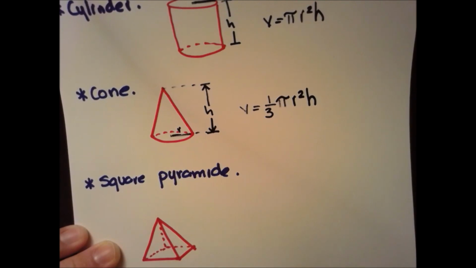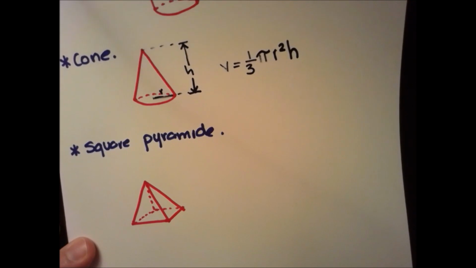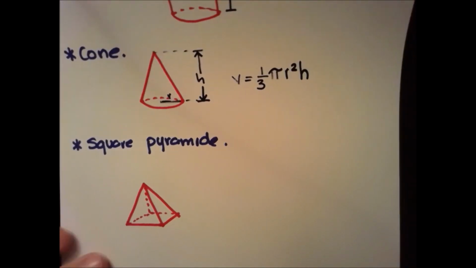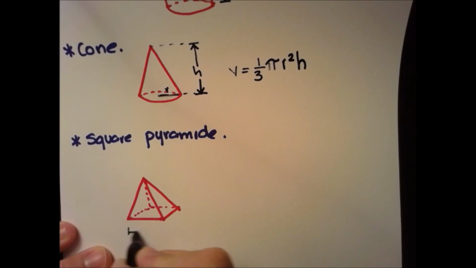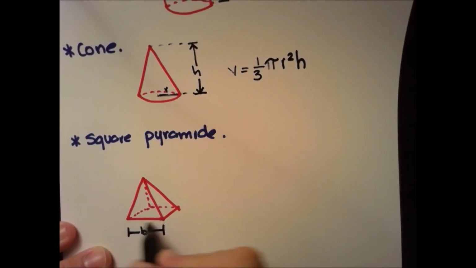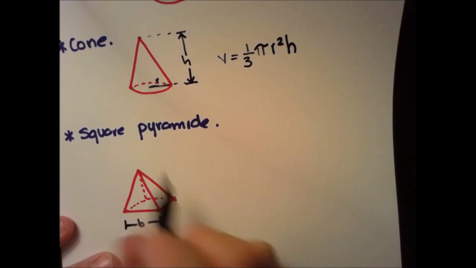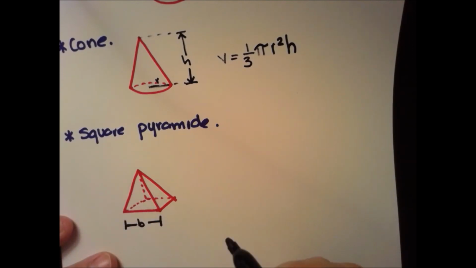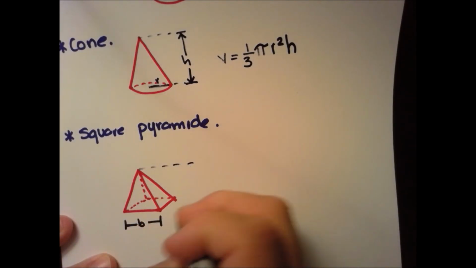There we go. This is the pyramid representation, and here we need to know the length of the base. All the lengths, I mean this side or this side, are going to be the same because it's a square, like here. So the base is a square. And the other thing that we need to know is the height again.